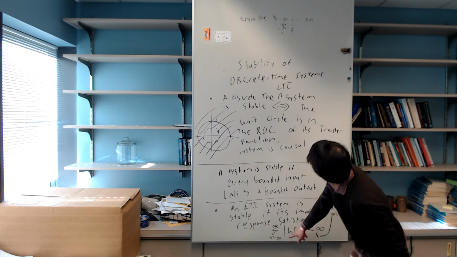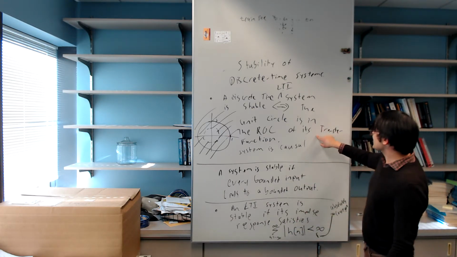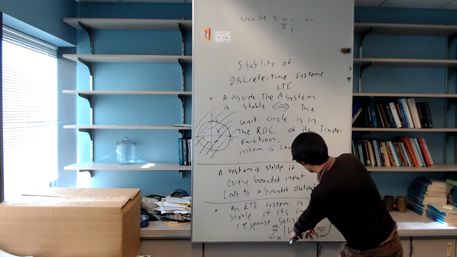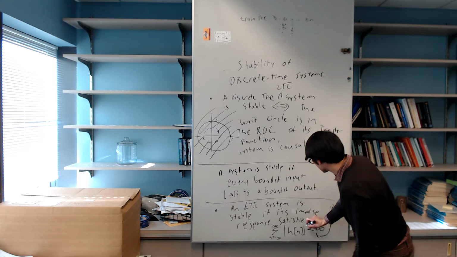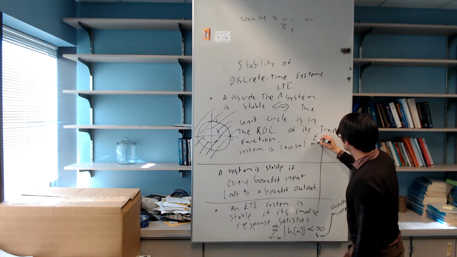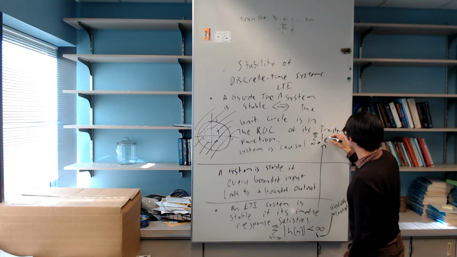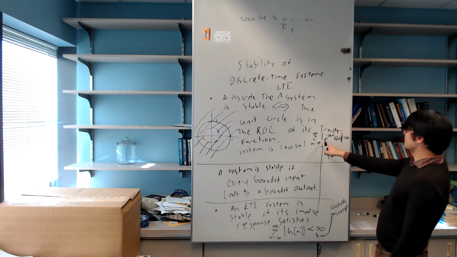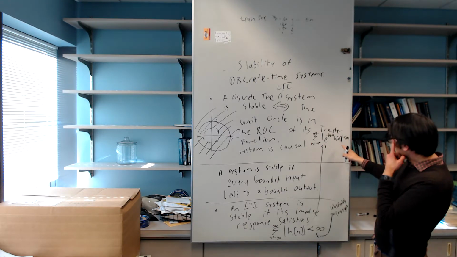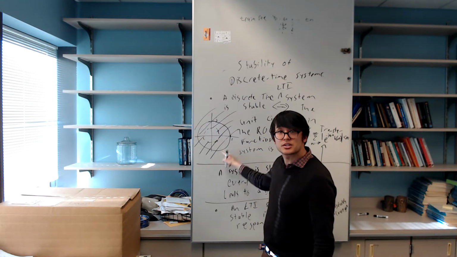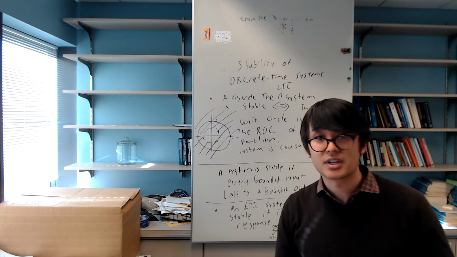This statement is the exact same thing as saying that the sum from n equals negative infinity to infinity of e^(-jωn) h[n] converges to something finite. So in particular, that means that all of these points along the unit circle must be in the region of convergence.